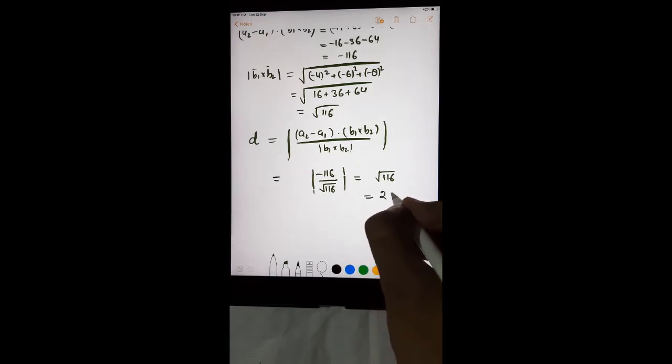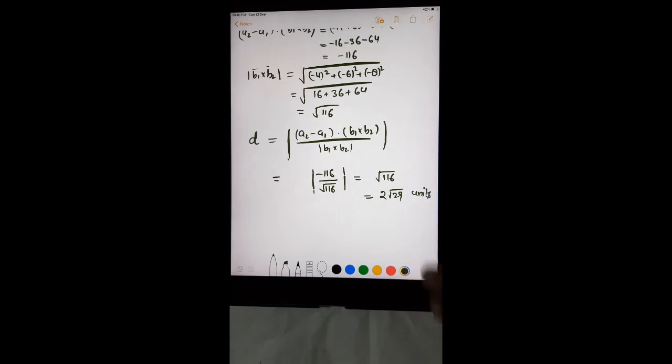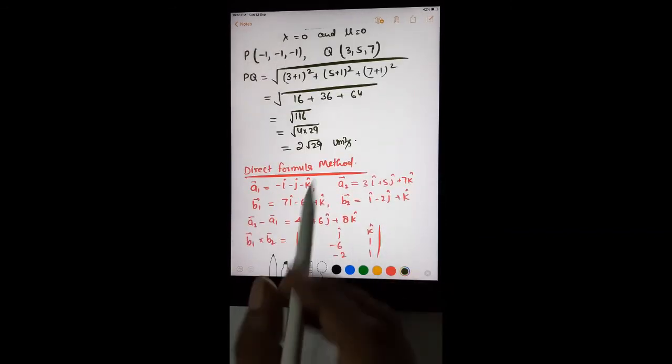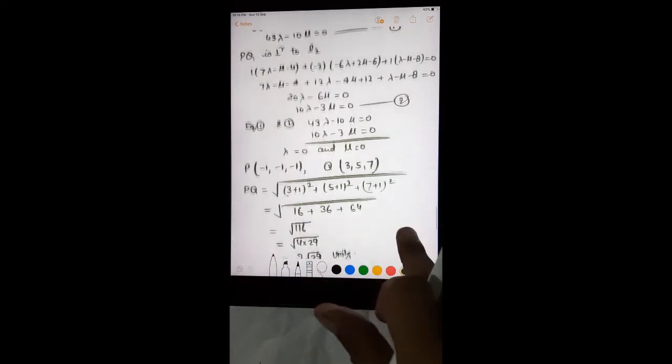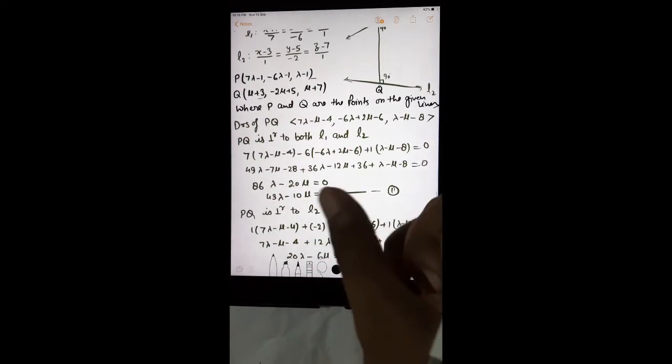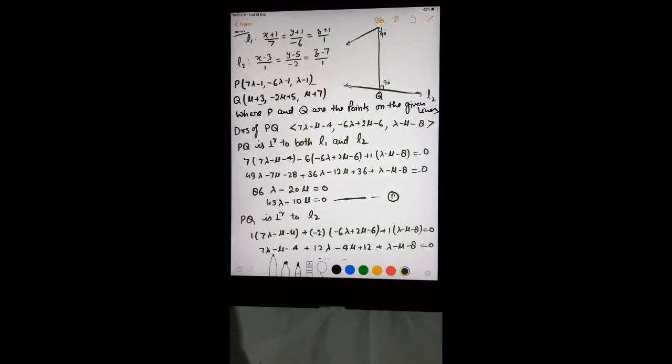So it is 2 root 29 units. We get the same answer by this formula. Here we have obtained this distance. So we can solve the question by either of these two methods, either by the direct formula or using the concept of direction ratios.